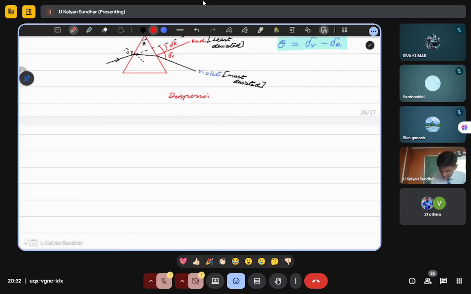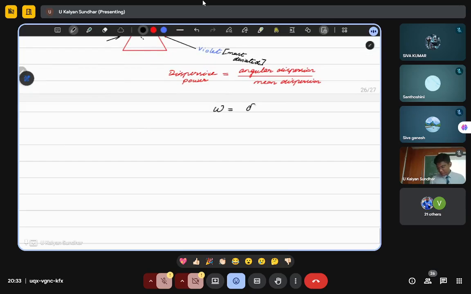Next comes your dispersive power. How much a color is being dispersed? Dispersive power is given as the ratio of your angular dispersion to your mean deviation, and it is denoted as omega.